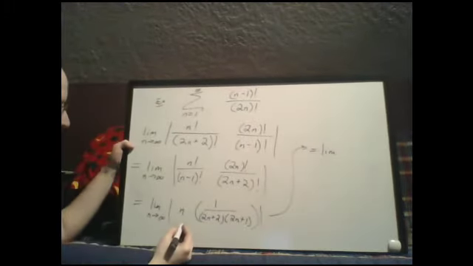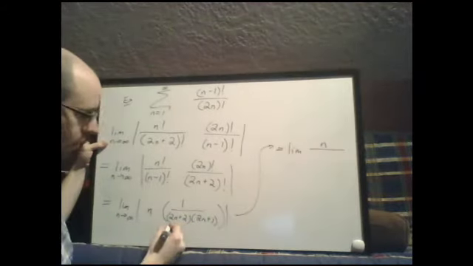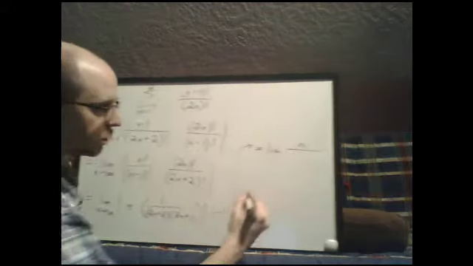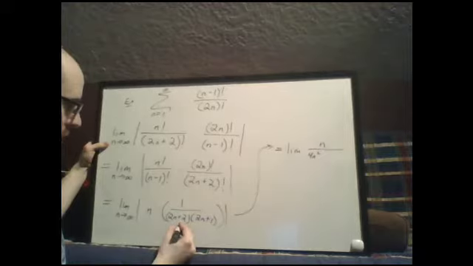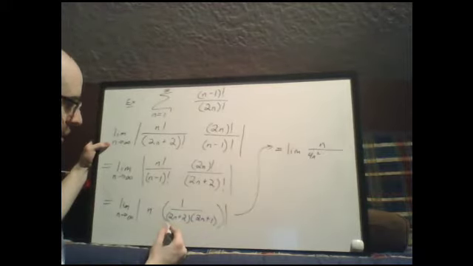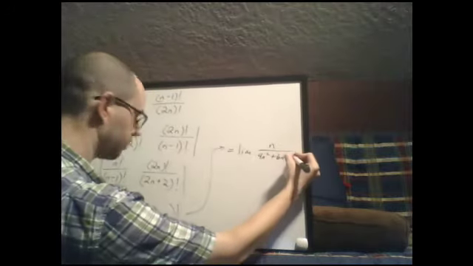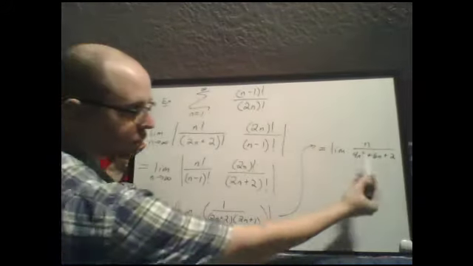So that's going to be the limit of n over, if I multiply this out, 4n squared plus 4n plus 2n is plus 6n plus 2. So if you FOIL that out, that's what you get.